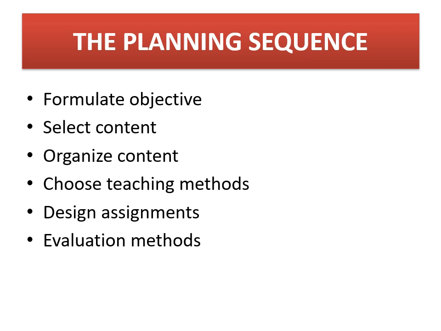First, you have to formulate the objective. That's also the reason why lectures today commonly introduce the objectives of the lesson first before everything else. Number two, you have to select the content. For example, you limit the content to chapters 1, 2, and 3, and then you organize the content.